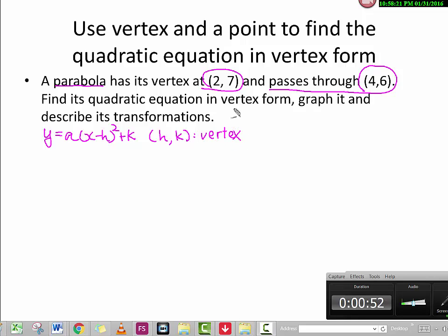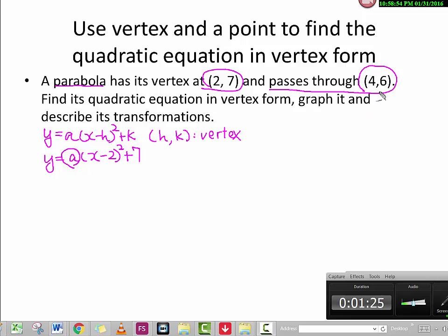The reason you use vertex form is because they give you the vertex. So by substituting all these values back, you're going to have y equal to a times x minus 2 whole squared plus 7. We didn't get the equation yet because the variable a is unknown. You always have x and y in the generic formula for vertex form, so we need to solve for a.